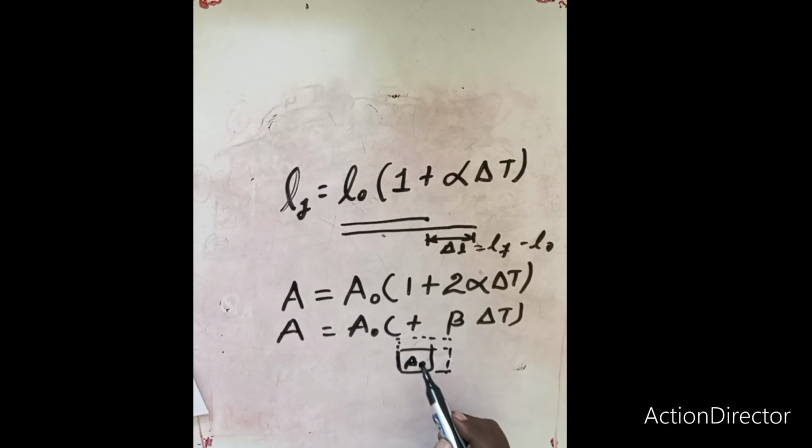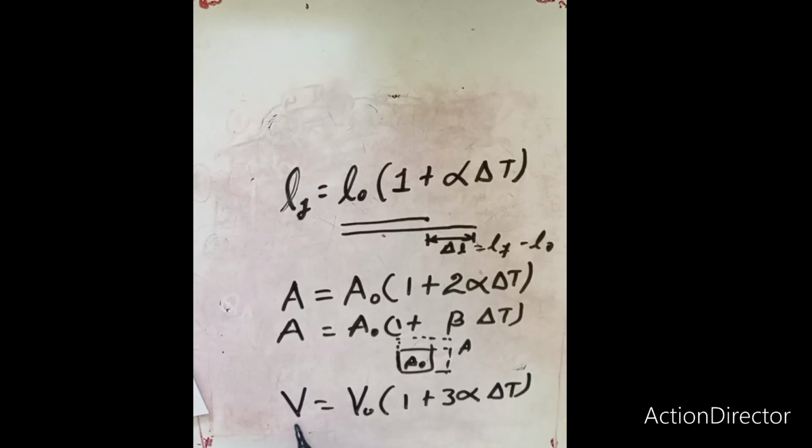The last one is the volume. Volume final is original volume times 1 plus 3 alpha, or gamma, change in T. So we can write V is equal to original times 1 plus gamma change in temperature.